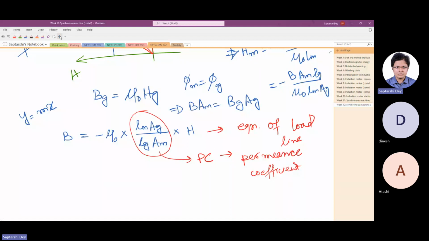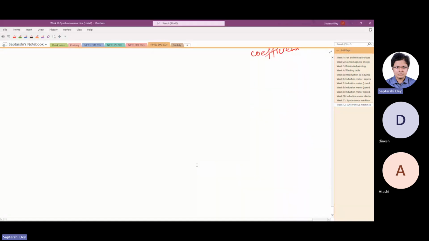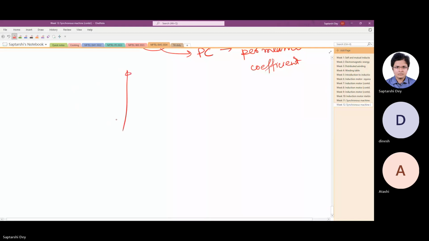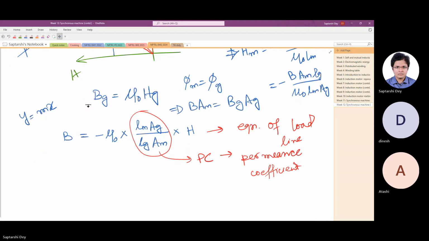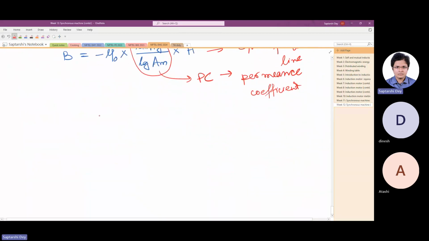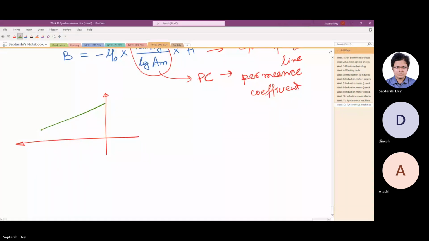Now we don't have much time, just one last thing. When you put a permanent magnet in a machine, just say the machine is resting on the table, it's not excited. Where does it operate?